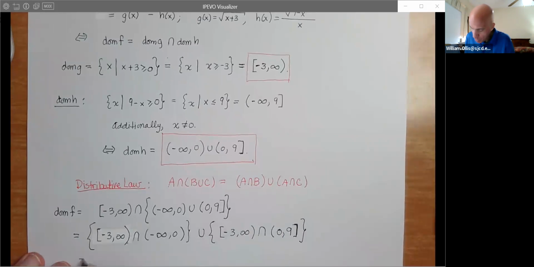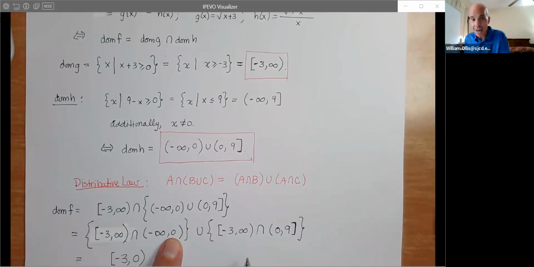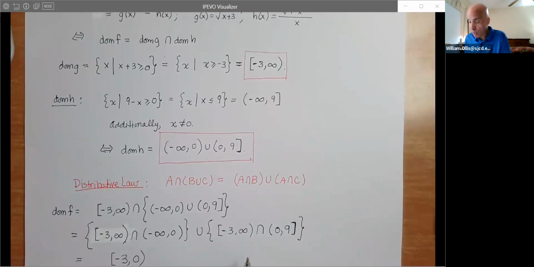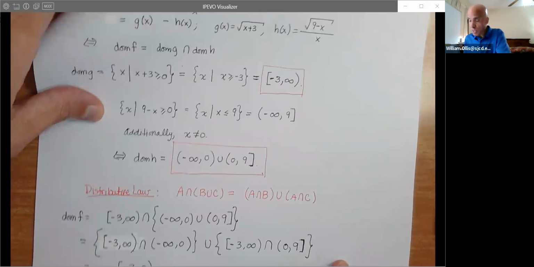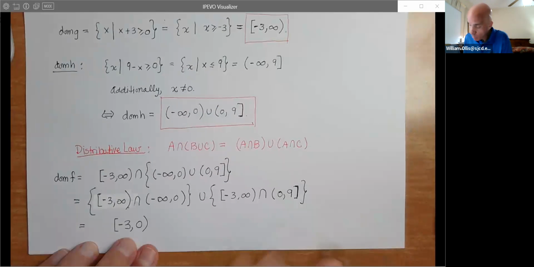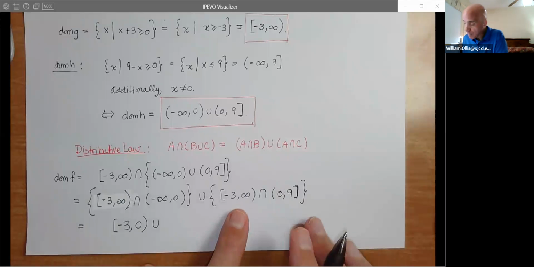So now we can do what I just said. This will take us from -3 to 0, because this only goes as high as 0, doesn't even include 0, and certainly no positive numbers in this. So when we do the first intersection, we only get this. And then we have union here. And now here we do the same thing.